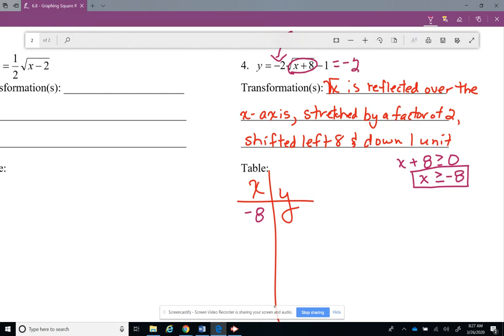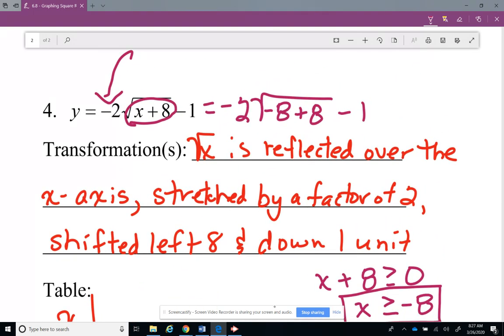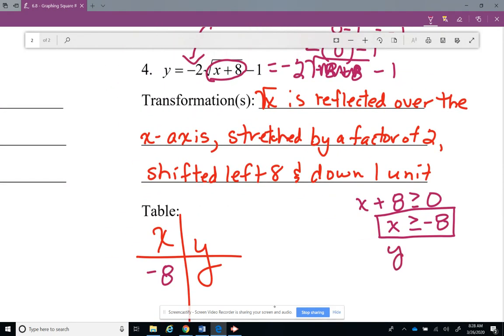So negative 2, the square root of negative 8 plus 8 minus 1. All right, the negative 8 plus 8 ends up being a 0. Now this is now a 0 because the square root of 0 is 0. Now negative 2 times 0 is 0, and 0 minus 1 is negative 1. All right, so our y is going to be less than or equal to negative 1.